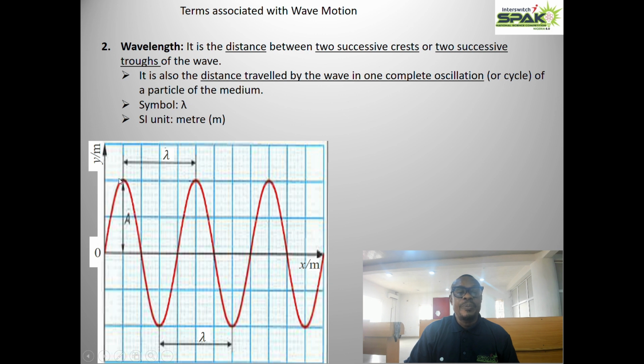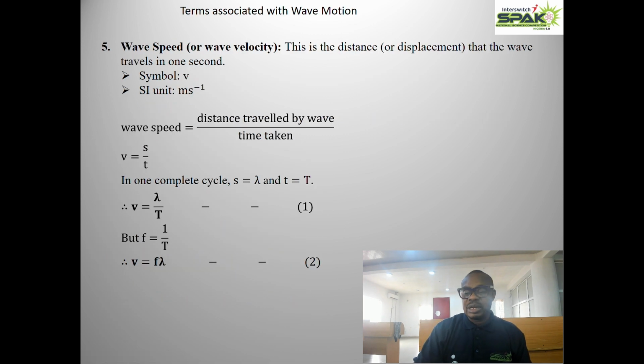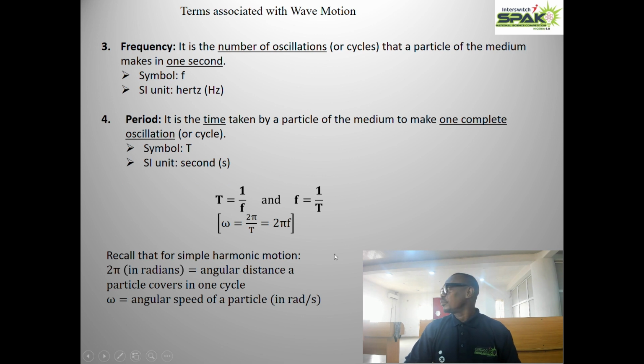I go from up here, this is half, then down here, this is 1 oscillation, again 1, then down here, this is 2 oscillations. So the number of oscillations we have here is 3. If I have my time here to be T equal to 4 seconds, it means that I have 3 oscillations in 4 seconds.